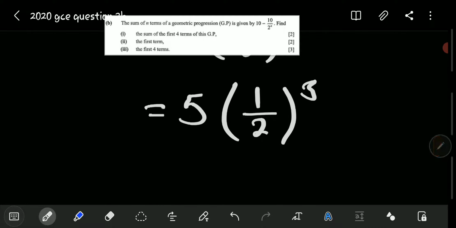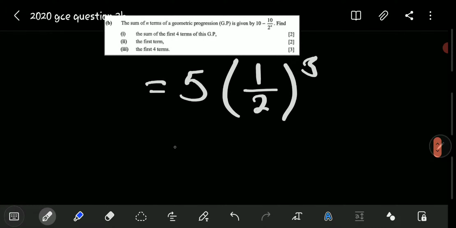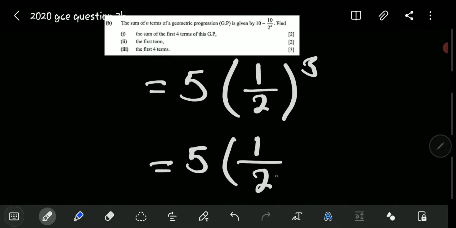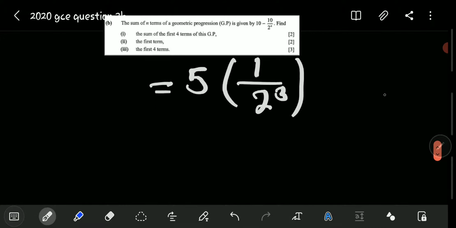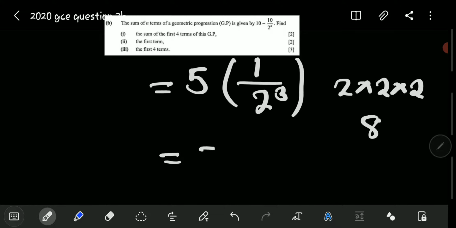So we raise each and every one of these in the fraction to the power 3. So 5 open bracket 1 to the power 3 is 1 over 2 to the power 3. What is 2 to the power 3? It is 2 times 2 times 2, so 4 times 2 is 8. So this is going to be 5 open bracket 1 over 8.